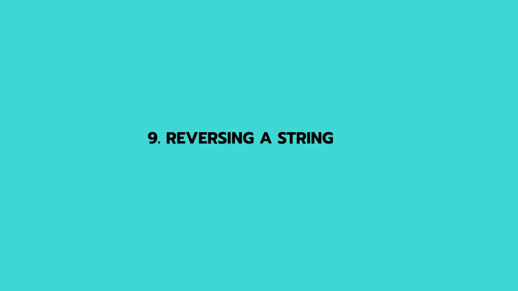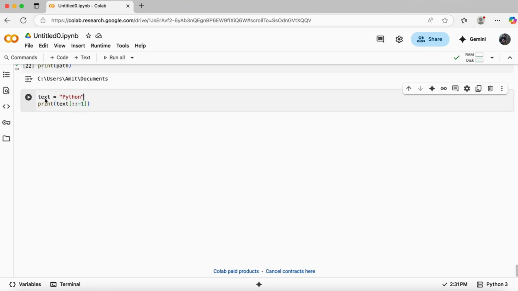Now the next one is reversing a string. How can we reverse a string in Python? We have a very simple approach. We use the indexing way: the first is the start index, then the end index, and then the step. For reversing this string, we use a similar way. We provide start and end index as none, so it takes the complete string, and then we provide the step as minus 1.